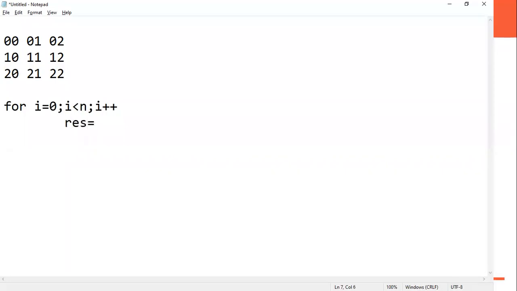Result equals arr of i j. Instead of i j, I'll write i i, because i and j are the same. That means 0,0 it will consider. C equals A1 of i i plus A2 of i i. This will add the primary diagonal.